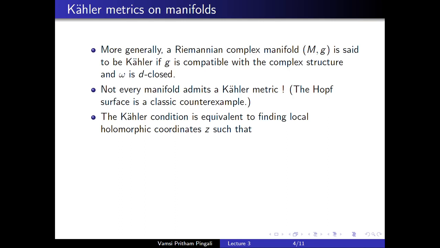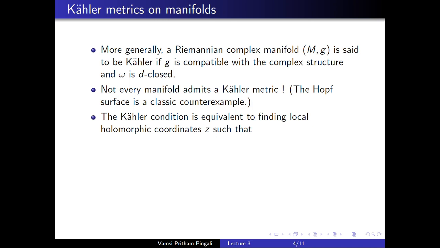Right? So a natural question in a complex manifold is, if you give me a Riemannian complex manifold with g being compatible with a complex structure, can you always find holomorphic coordinates such that g is standard up to the first order? Now that's not obvious. In fact, if you can find such holomorphic coordinates, then omega is also standard up to the first order, obviously.